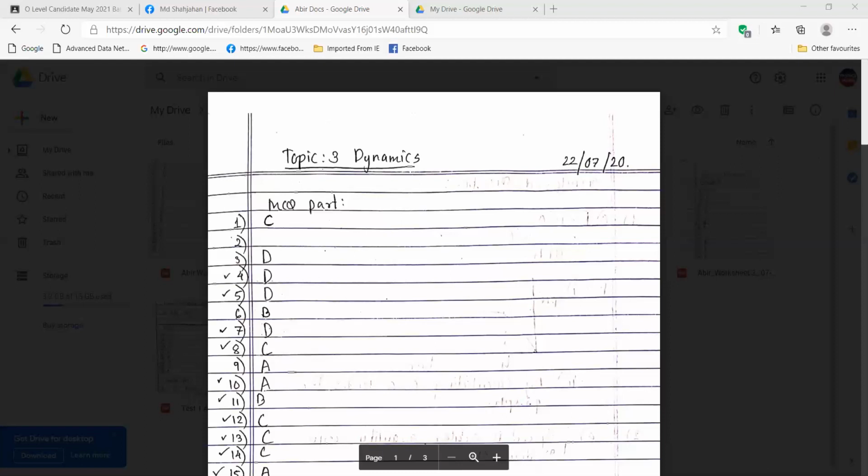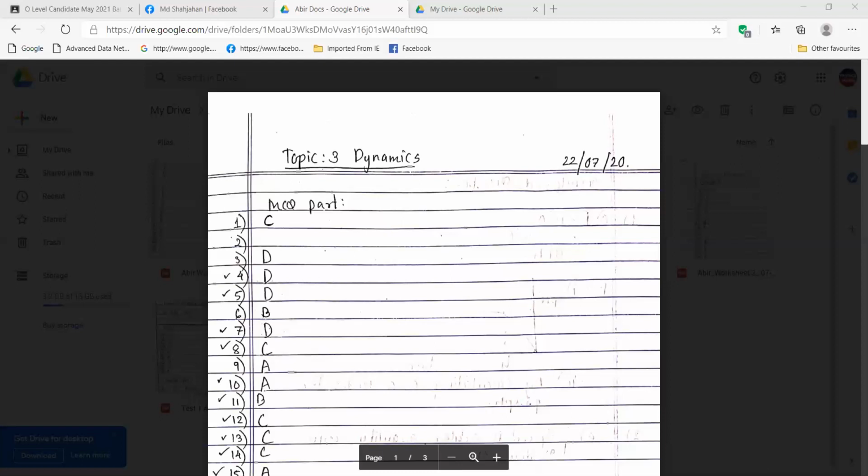Cross. Then 4D, correct. Then 5 also D, correct. 6B, Bangladesh. Correct. Continue.